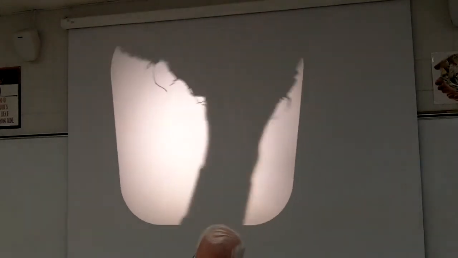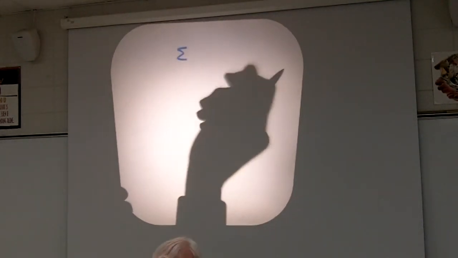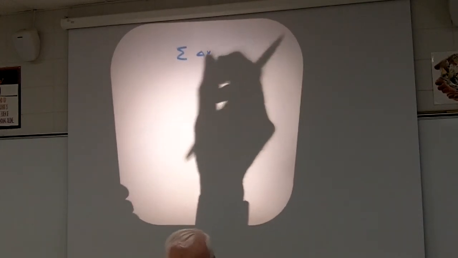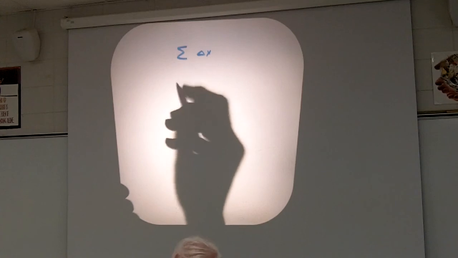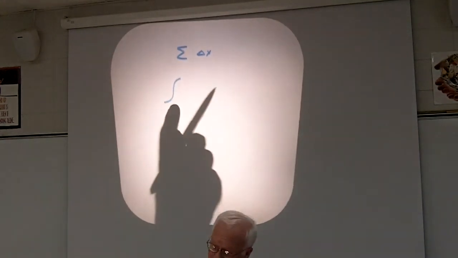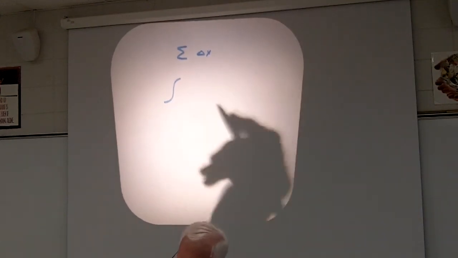Now, watch this. We're going to change notation. We have done some summation notation. We have done some delta x notation. And we're going to tie this into this kind of notation in a few days. This is integral, indefinite integral notation.